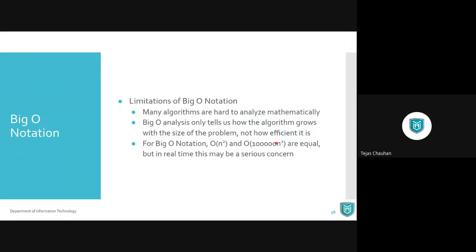It depends on n only, right? So that is one limitation of big O notation. In the real world, 1 lakh multiplication is going to matter, but when we are focusing on growth rate only, then it does not matter. And this is the big O notation.